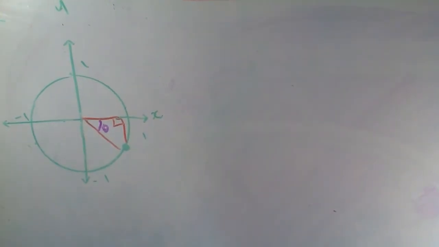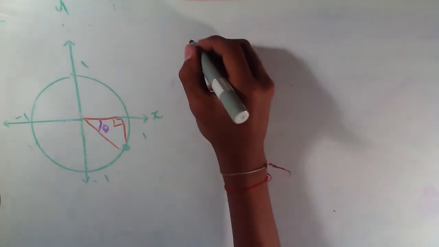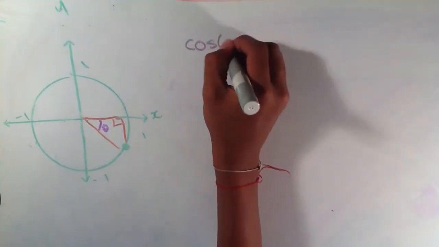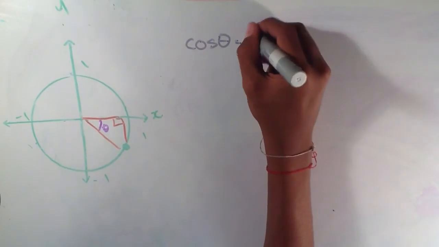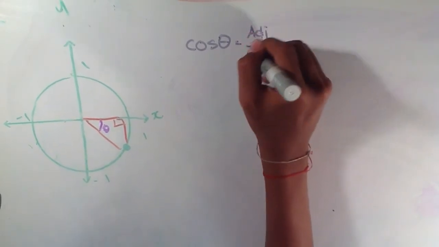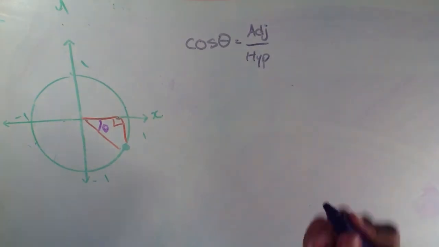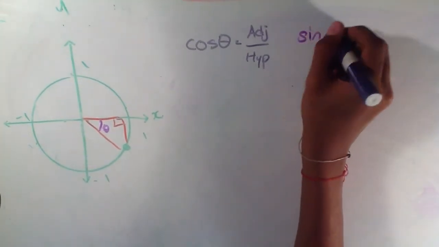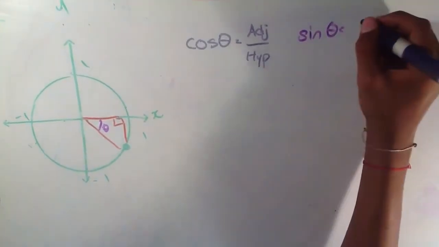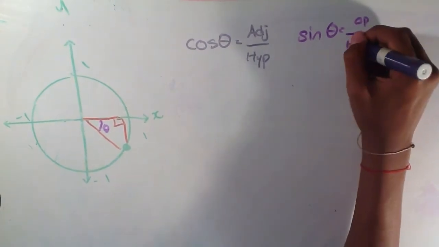Using theta, we can identify, using basic trigonometry, that cos theta equals the adjacent over the hypotenuse, and sine theta is equivalent to the opposite over the hypotenuse.